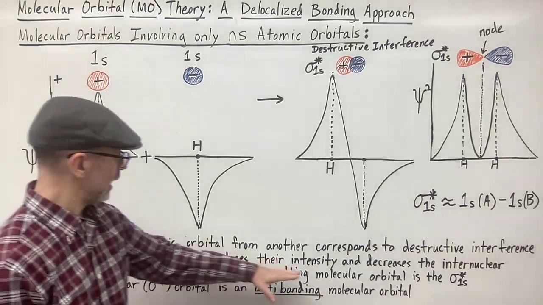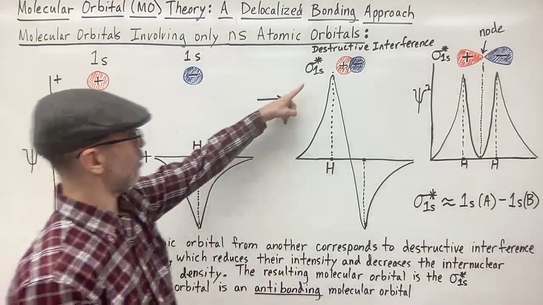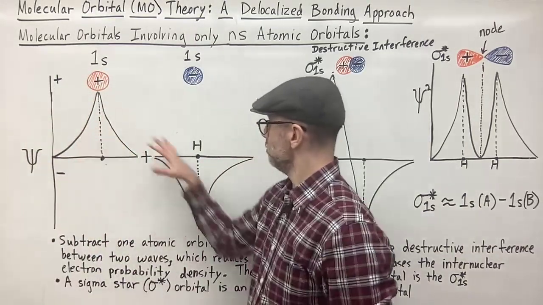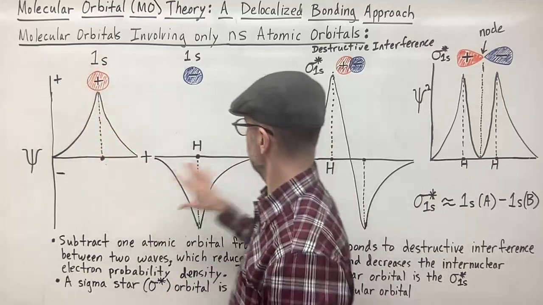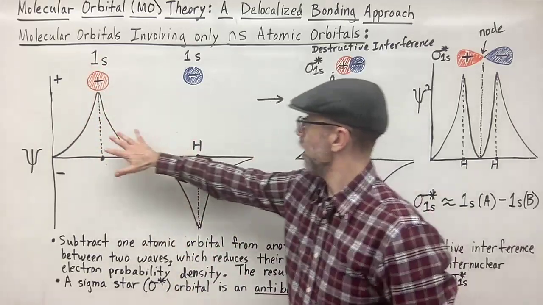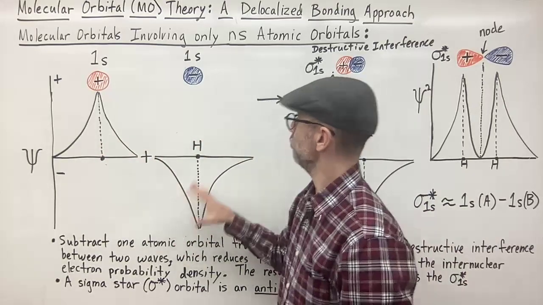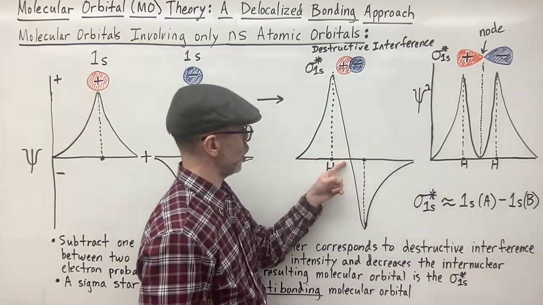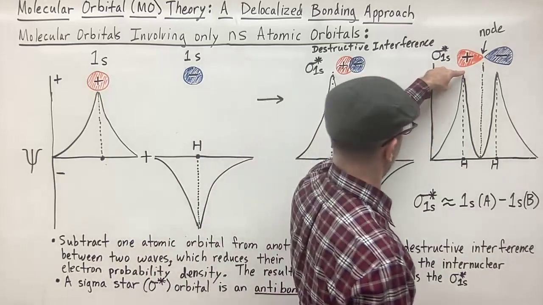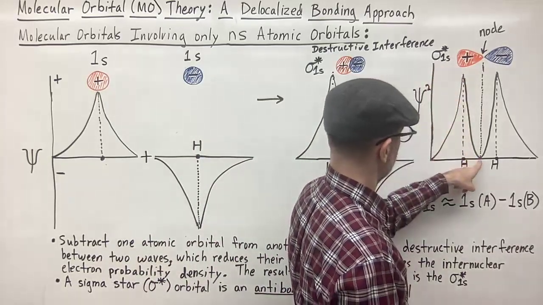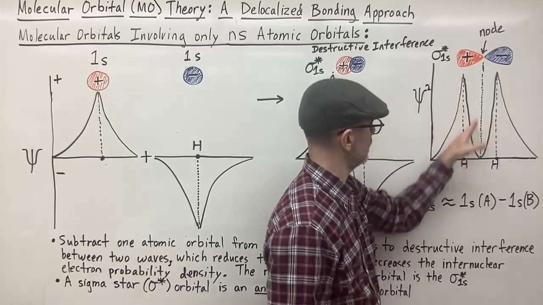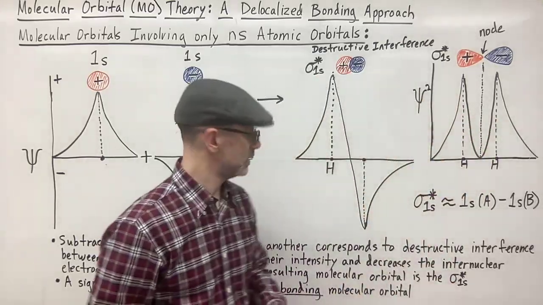So it reduces the intensity. That's what we see here. We have the intensity here, negative, positive, combining, you get a node here, and then you get the probability distribution being reduced to 0 here. So it's lowering the intensity when you add those together.